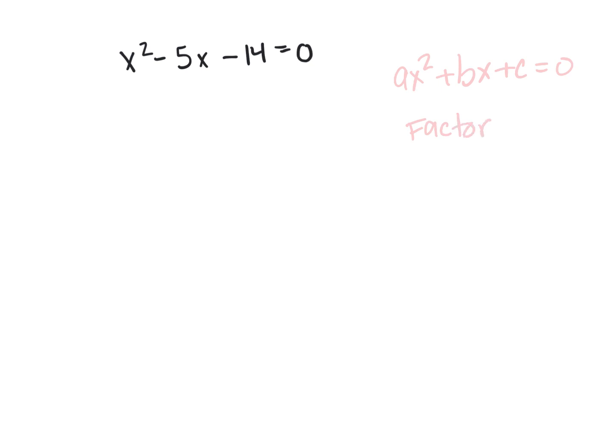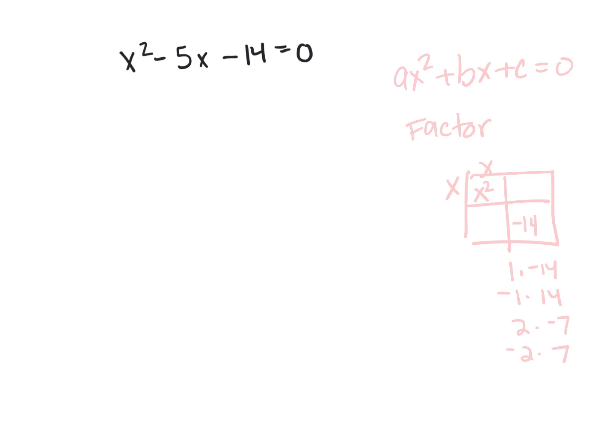And so when I look at this, I might want to work off to the side here and say, well, I would know that x squared would have to be x times x. If it's a negative 14, I know that it is either a 1 and a negative 14, a negative 1 and a 14, a 2 and a negative 7, or a negative 2 and a 7.